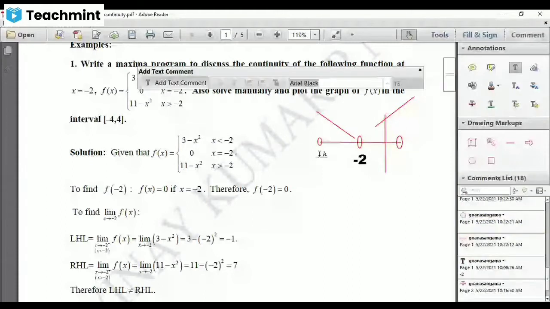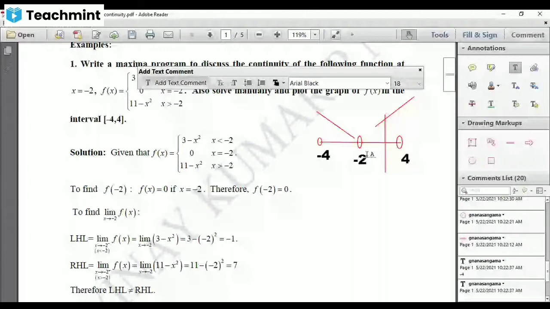So this is -4, and this is +4. There are three graphs now. One is from -4 to -2, that is your left-hand limit graph, that is f1 of x. The second graph is f2 of x, which is nothing but f of a. And the third graph is this one from -2 to 4, that is your f3 of x.